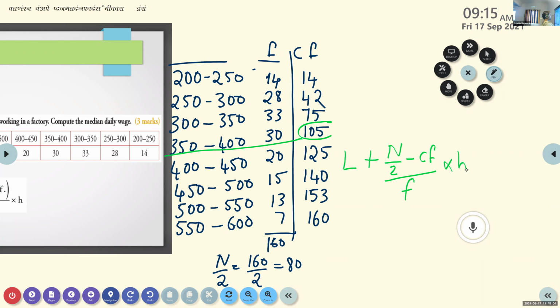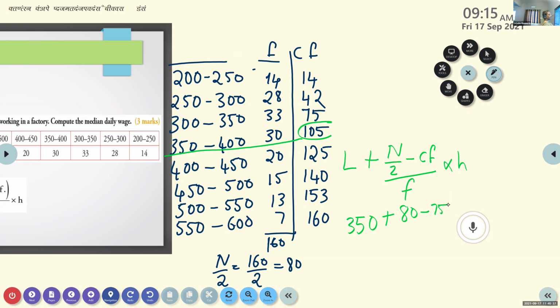L is what now? Pranav? 350. N by 2? What is N by 2? 80. What is the CF? 75. What is F?